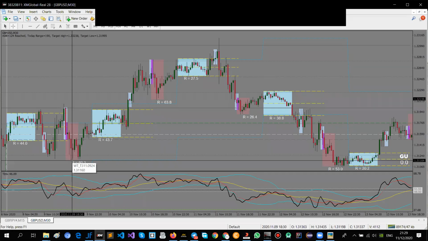So now we want to count ADR. We noticed by the value indicated at the corner that for this pair GU, its ADR is 124. So this simply means that level 1 is going to be 124 points. Simple, guys.